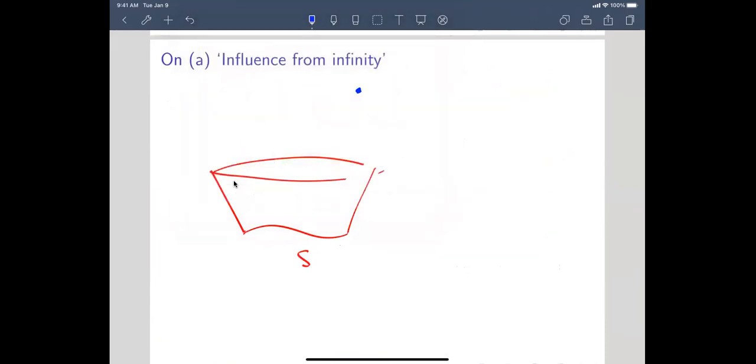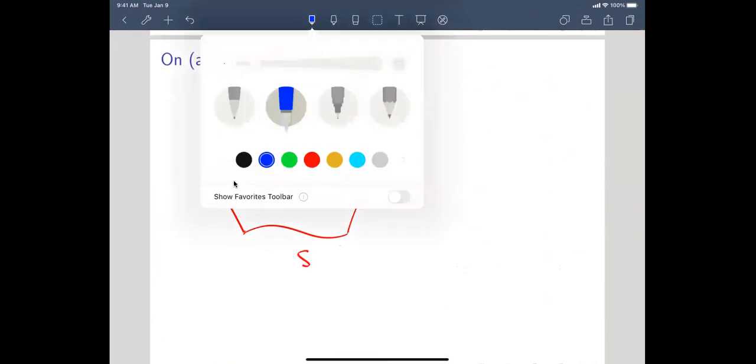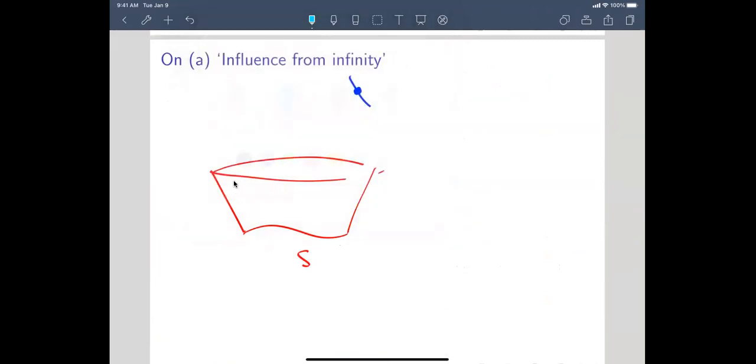We take the past of this point. So let me do a different color. This is J minus of P. This is the point P. This is the Cauchy horizon, H plus of S. This is the initial data, S.